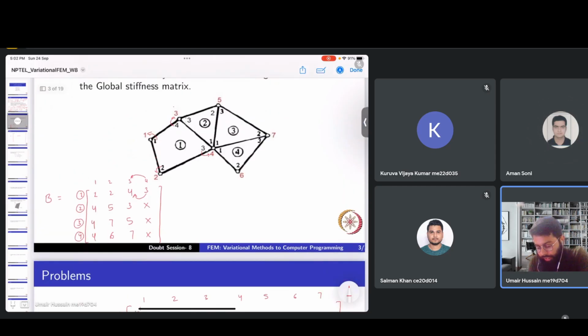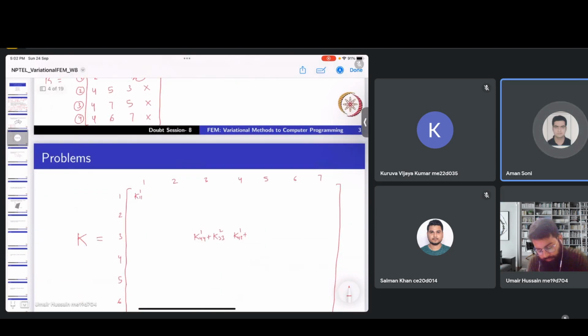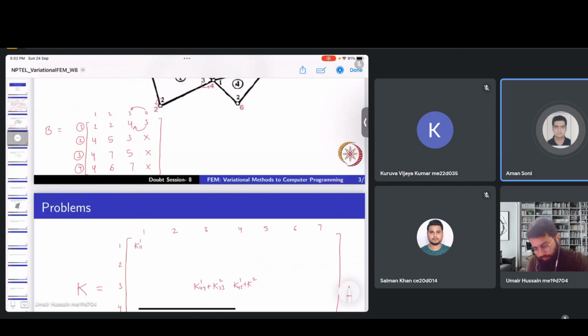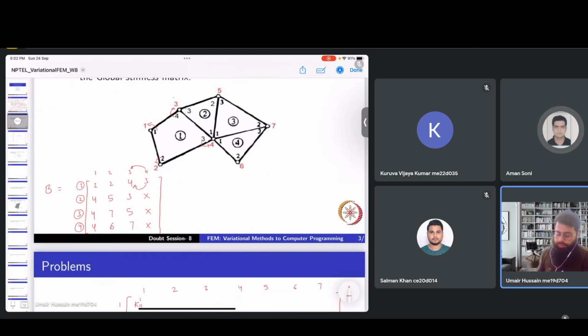And for element 2, it should be 4, 1, I think, K2 of 4, 1? For element 2, we are looking for this one, 3, 4, right?